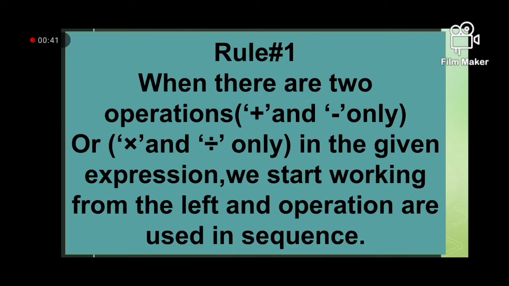We will use only rule number 1, and in this rule we will start working from left and the operations are used in sequence. Either the operation is plus or minus or multiply or divide, we will start working from the first operation.